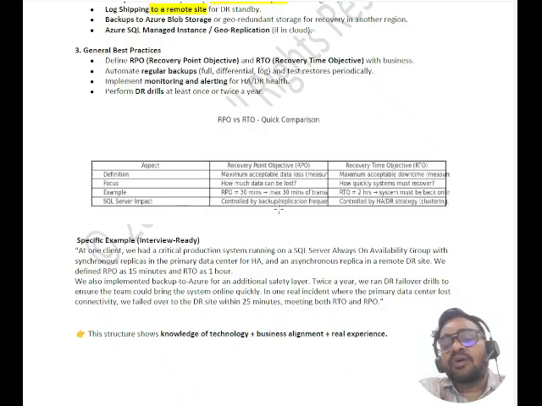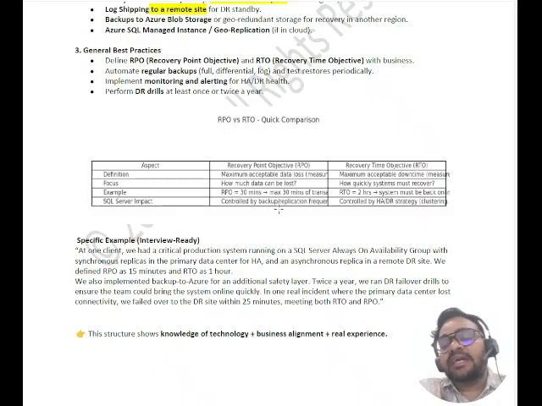If we talk about RTO, RTO tells how quickly the system must be recovered. If RTO is defined as 2 hours, then at any cost the system must be back online within these 2 hours. So it can be interpreted as maximum acceptable downtime is 2 hours.